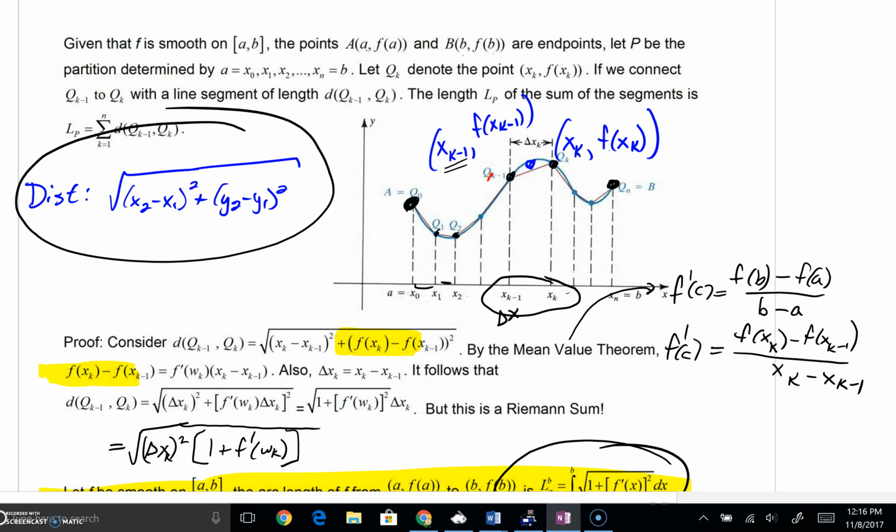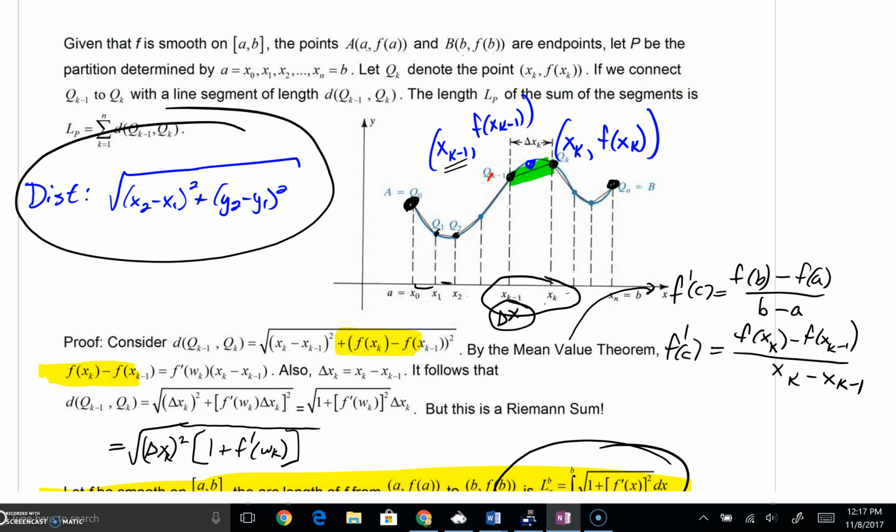Even though the distance formula would be measuring the length of that segment connecting those points, if these two x values were super, super close together, even though that would still have a curve, that segment would be amazingly close to the real distance between them.